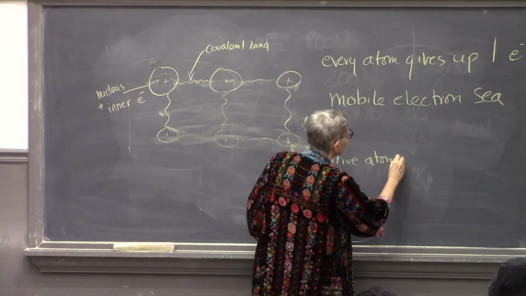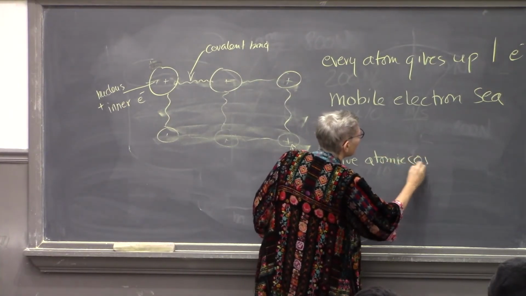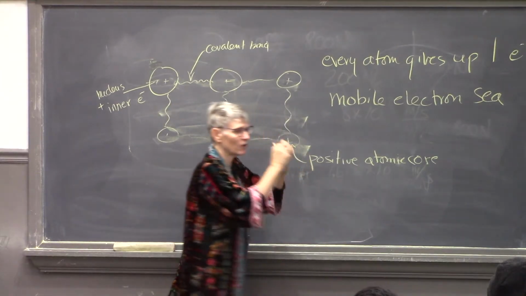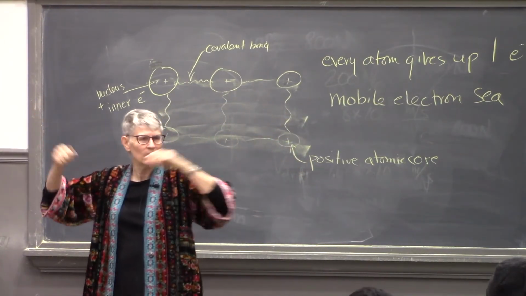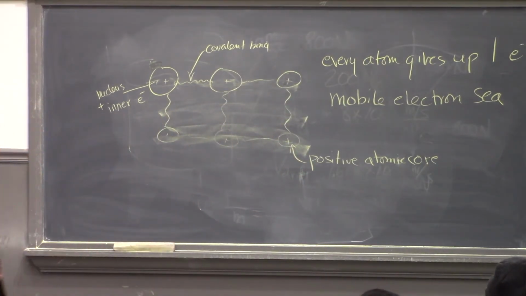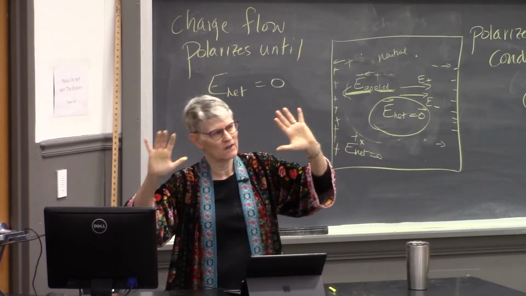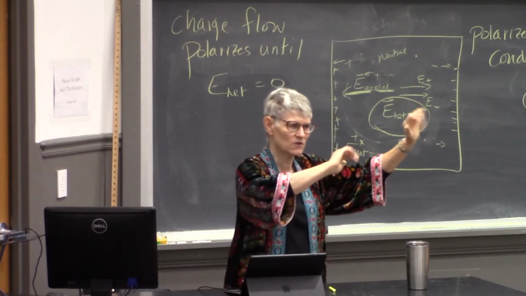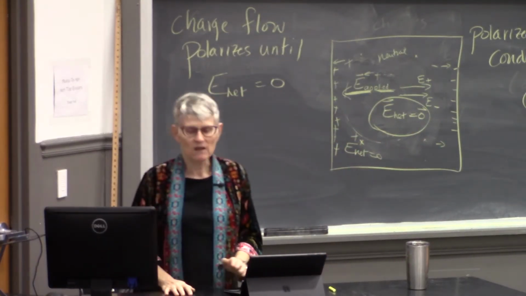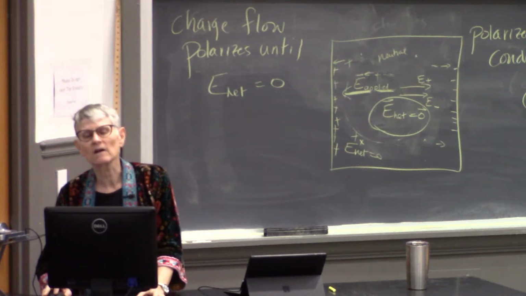So now we have a situation where we've got what we're going to call a positive atomic core. So the core of the atom minus the outer electron. And then a sea of mobile electrons. So that the interior of the metal really is neutral, but now we have this sea of electrons that can shift back and forth or can flow in some direction, which makes it an extremely good conductor.